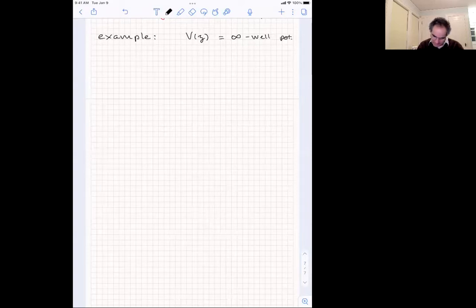That is a graph of V of z as a function of position. Looks like this. So we're imagining that our layer has a thickness L, and that the electron is strictly confined to that layer.